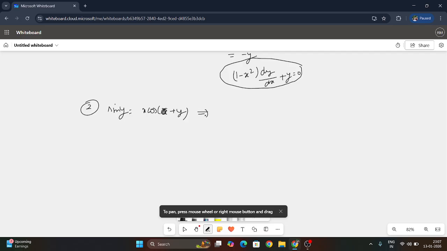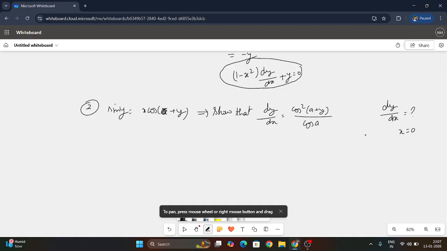Then you have to show that dy/dx is equal to cos²(a + y) / cos a. And we have to find dy/dx at x = 0.